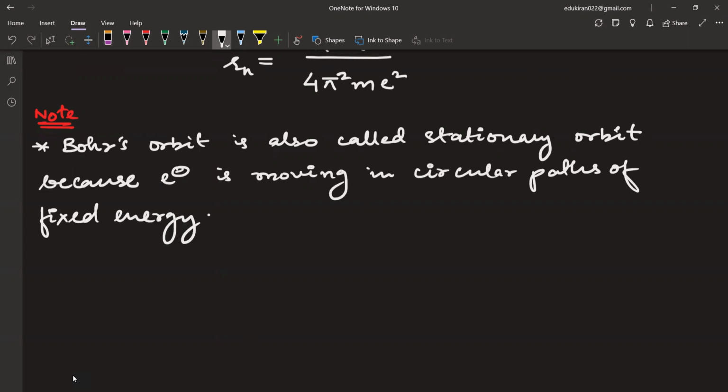And since the energy is not changing, that is what is known as stationary orbit.